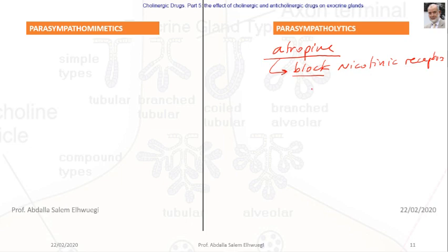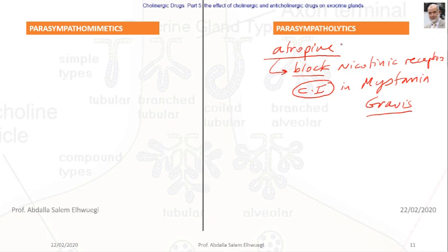Not all of them, but some of them can block nicotinic receptor. That's why they are sometimes contraindicated in myasthenia gravis. Some of them, besides blocking muscarinic receptor, can block nicotinic receptor. That's why they are contraindicated in myasthenia gravis.